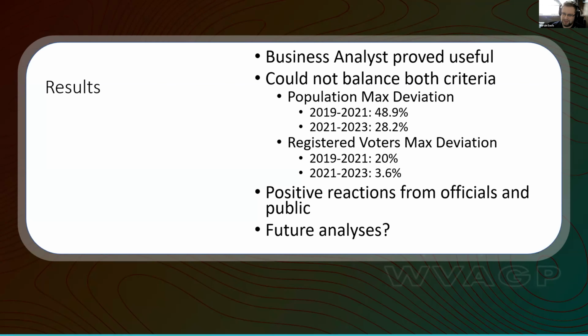And I believe that it actually was a huge help in providing an objective, apolitical analysis of geography, so that we were able to provide a useful objective map that had all the data to back it up. And even though we could not balance the criteria, if you notice, the max deviations for both were substantially reduced from the prior ward boundaries to the approved ward boundaries.